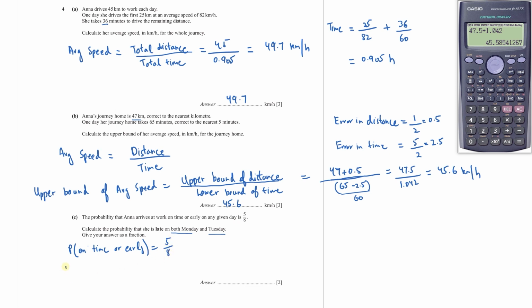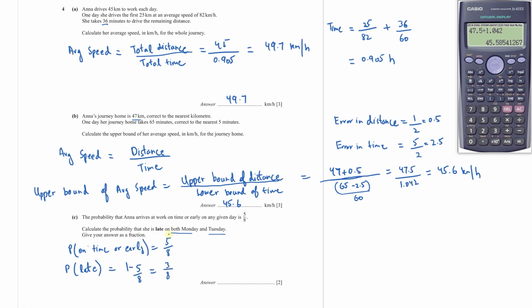So the probability that Anna arrives late will be 1 minus this, because that is the only remaining possibility. You have on time, early or late. Your combined probability of on time or early is 5 by 8, so the probability of being late is 1 minus 5 by 8, which gives you 3 over 8.